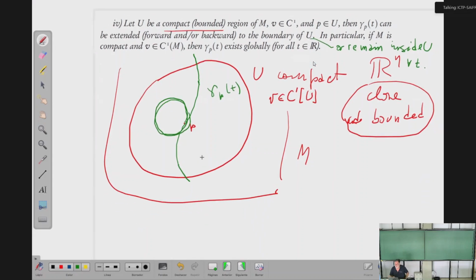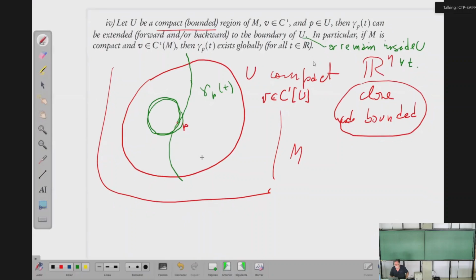And how do you prove that? Well, we can take this as an exercise in topology.